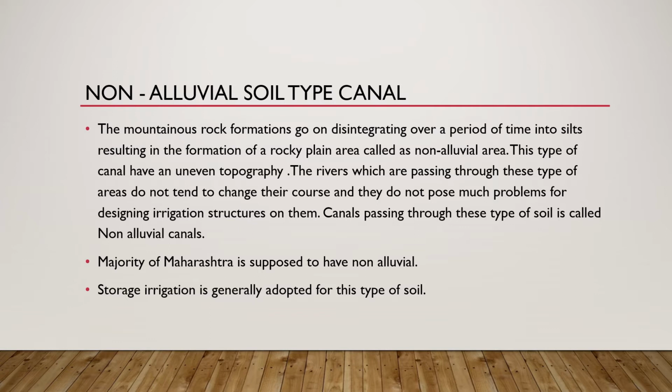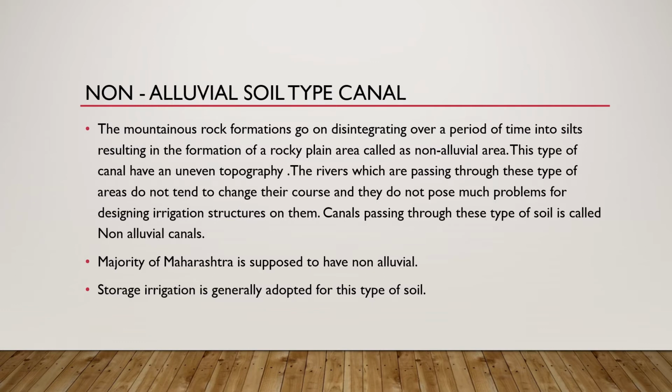Actually, this will not be like the alluvial soil type, where the surface is plain. It will be rocky. There will be uneven stones present continuously due to the disintegration of the parent rock, which was present at an early stage.